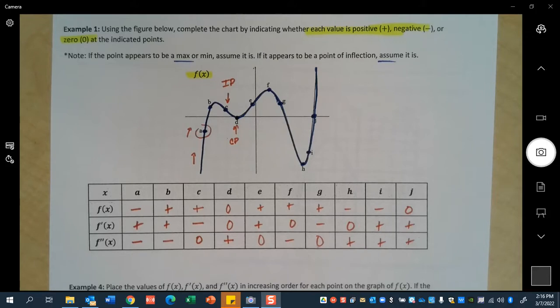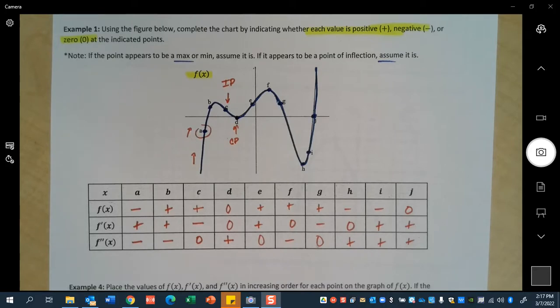So as my graph is increasing, decreasing, increasing, decreasing, and increasing, those were Algebra 2 and pre-calc conversations. Now we have the evidence to support what is happening. If I have a positive slope to my tangent line, then my graph is getting bigger and bigger. If that slope changes from increasing to decreasing, that is that inflection point.